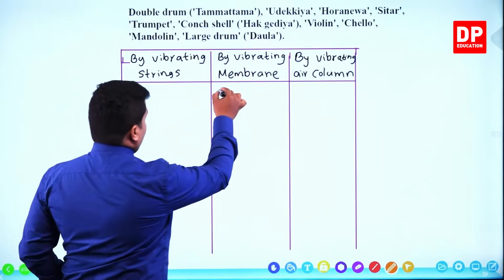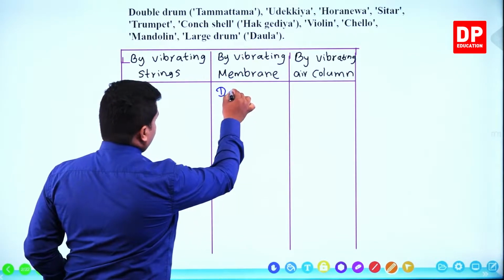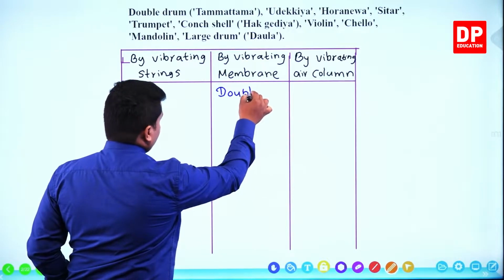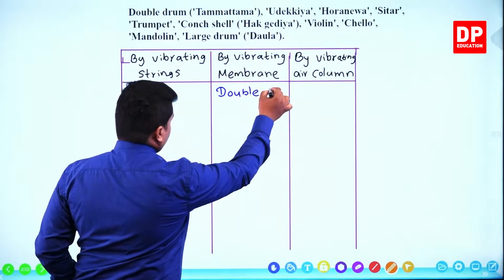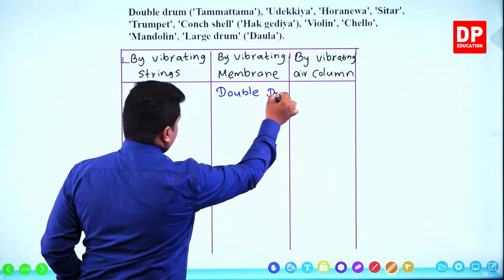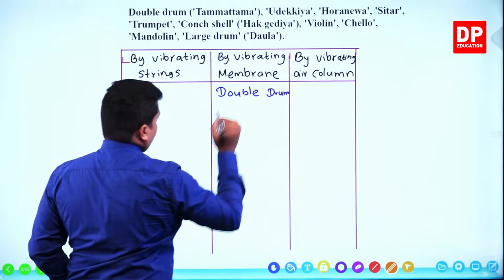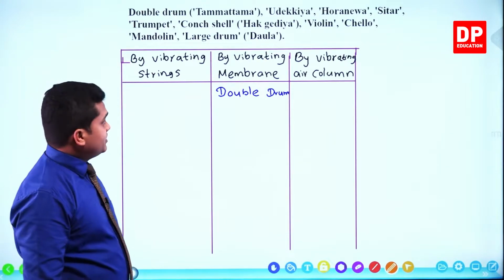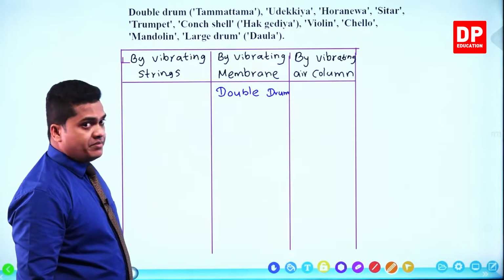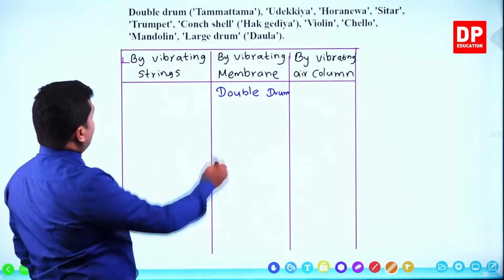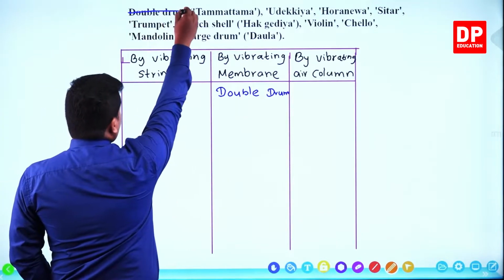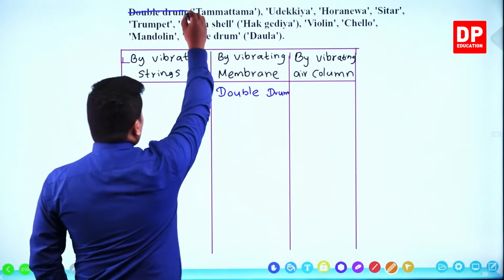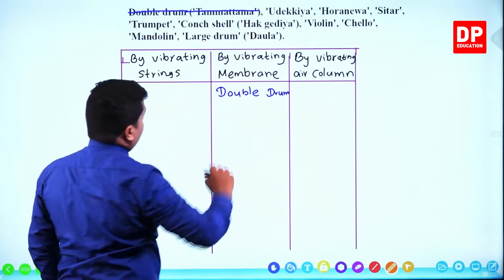So double drum is producing sound by vibrating membrane. Next one. So we can cut double drum in here. Thumb metronome. I'll cut that thing.